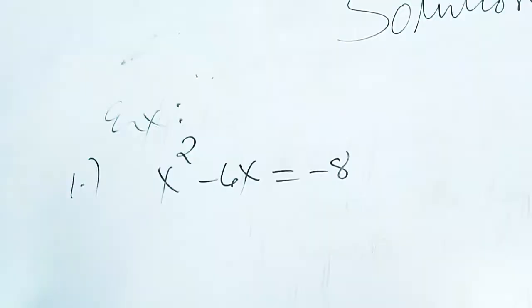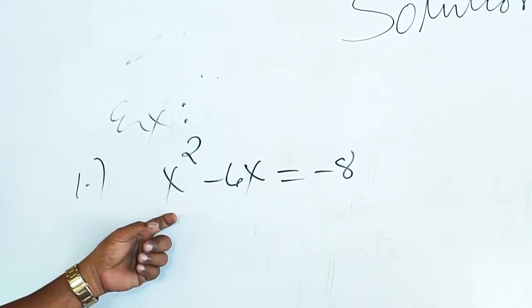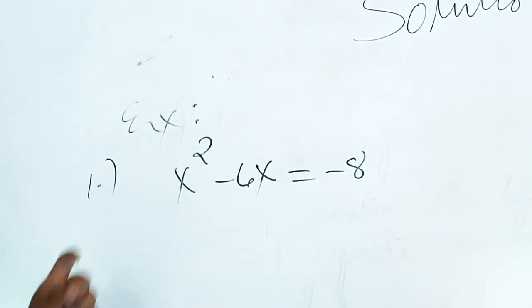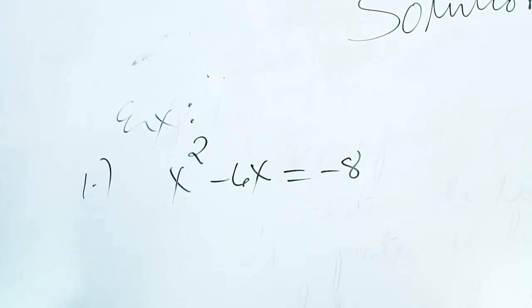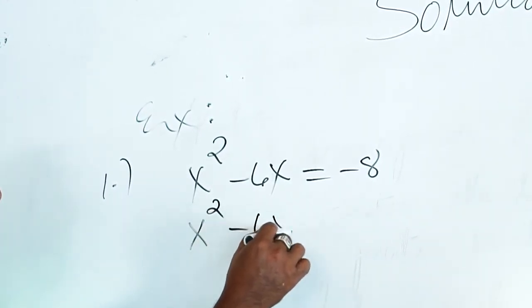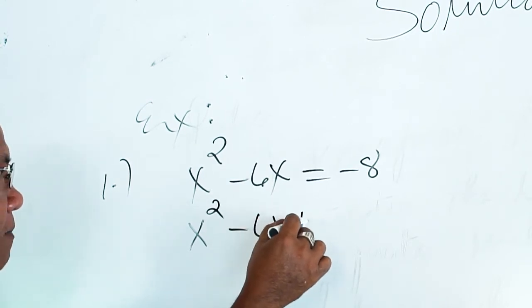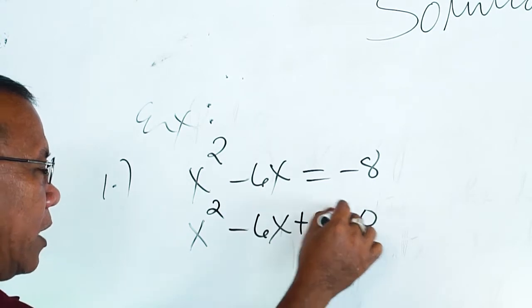Example: x squared minus 6x equals negative 8. First, you have to write it in the standard form of the quadratic equation. So we have x squared minus 6x plus 8 is equal to 0.